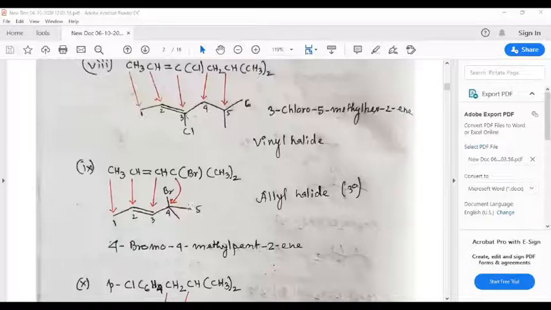We reach the double bond at second position. If we come from the other side, we reach the double bond at 3 position. That's why we have to go from the left side. So it's pent-2-ene. At 4 position there is 1 bromo and 1 methyl group. So 4-bromo-4-methylpent-2-ene.